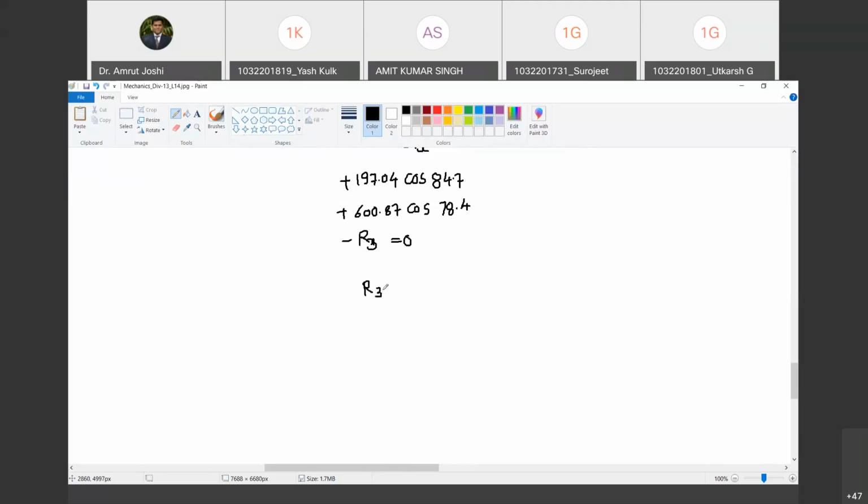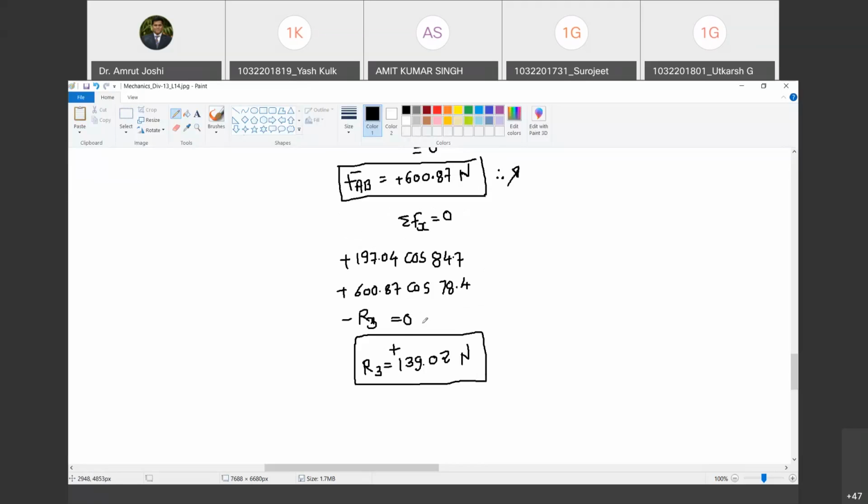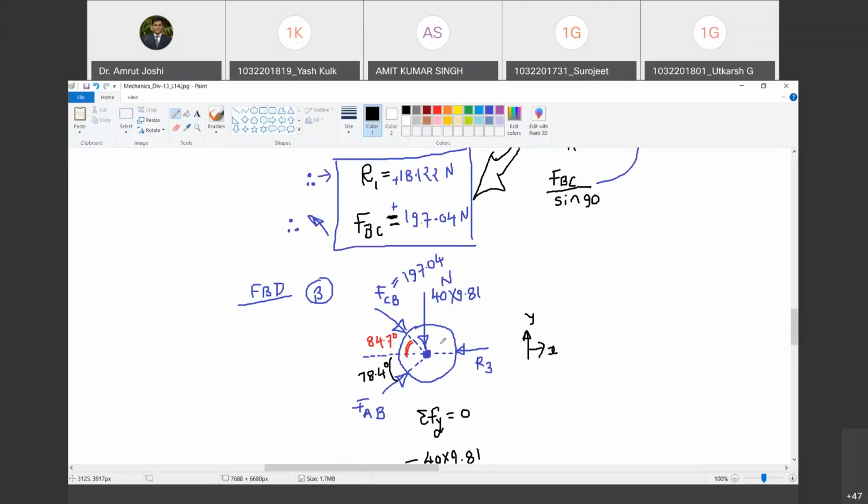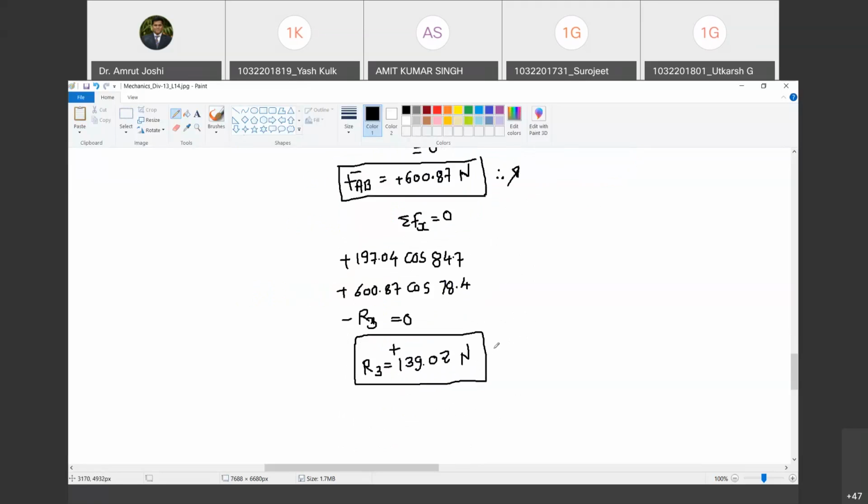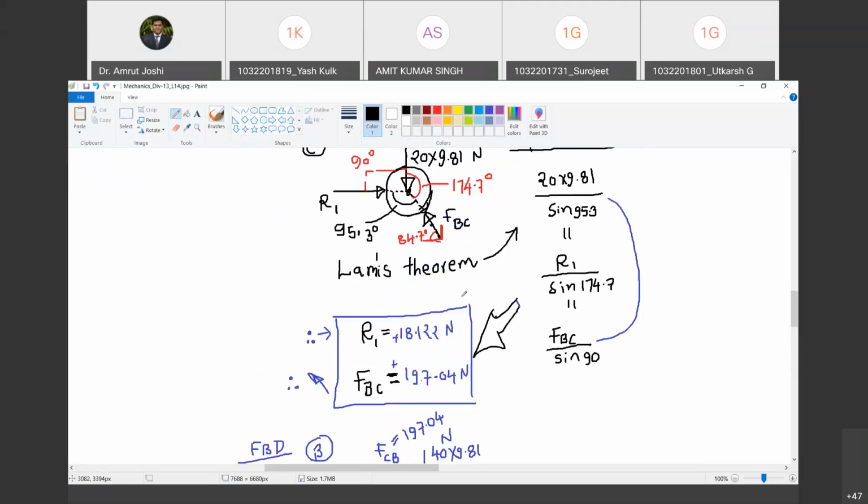Yes, I'm getting 138. Same. So that's all right. 138.02 Newton. What does it mean? What is the indication of the positive sign? Direction is correct, or it is not towards right. Positive sign now means the originally assumed sense of R3 is correct. Therefore, it is towards left. Are you with me? Yes. So we have found out R3.